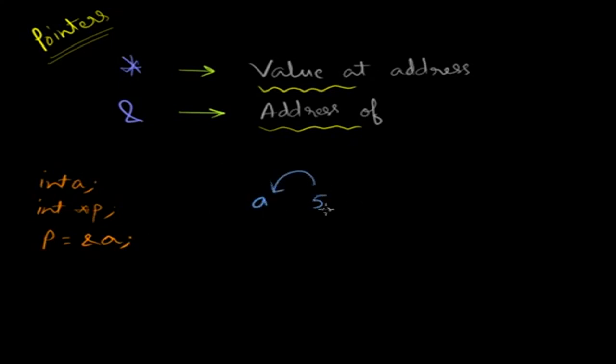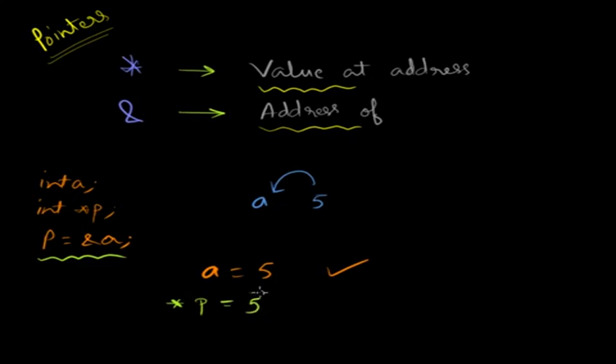So now suppose that you want to store the value 5 in a. What are the ways of doing this? You can either say a is equal to 5. This stores 5 in a. Another way of doing this using pointers is that we know p points to a. P stores the address of a. So we can say value at p is 5.